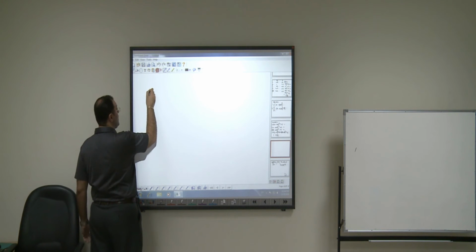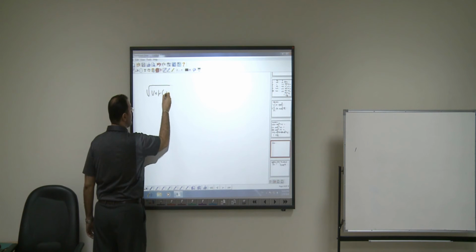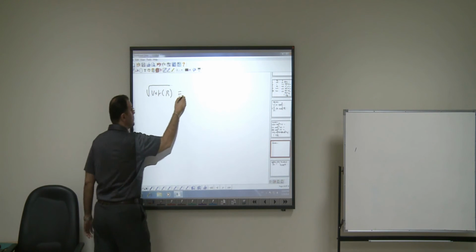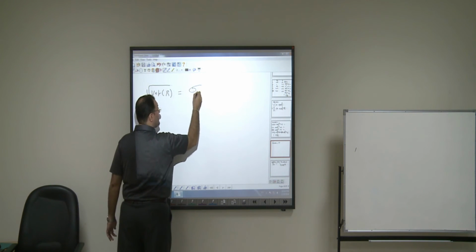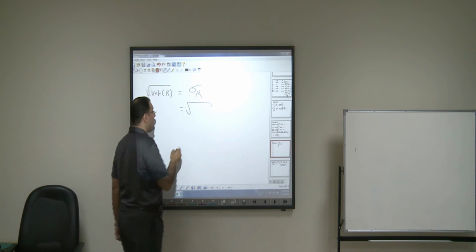the square root of var r, this is the standard deviation of r, which is going to be the square root of how much? 1.29.